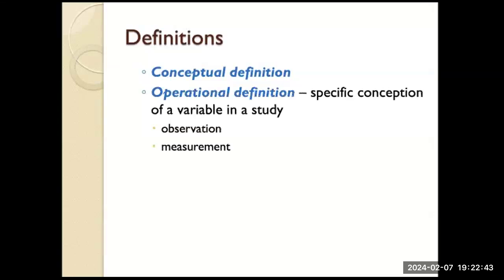Then there is the operational definition. The operational definition is how you, in your study, are going to look at this phenomenon, a specific conception of it. It has to be observable, specific, and measurable. So anxiety is a feeling, right? How do you measure somebody's level of anxiety?